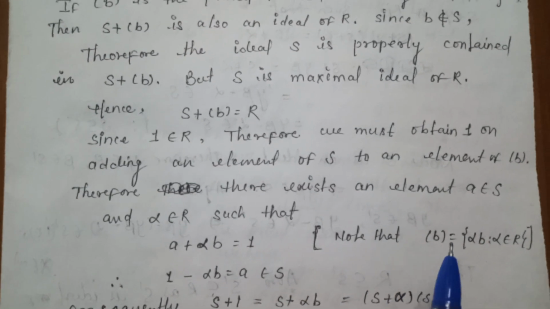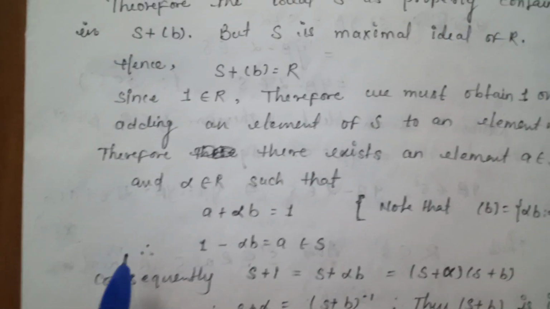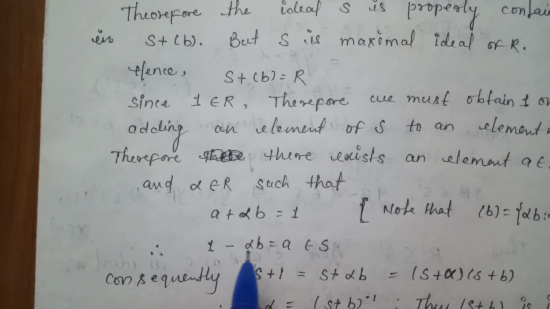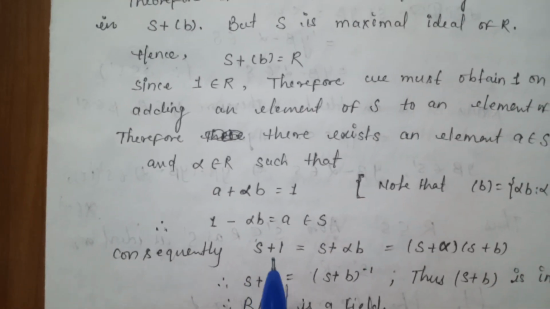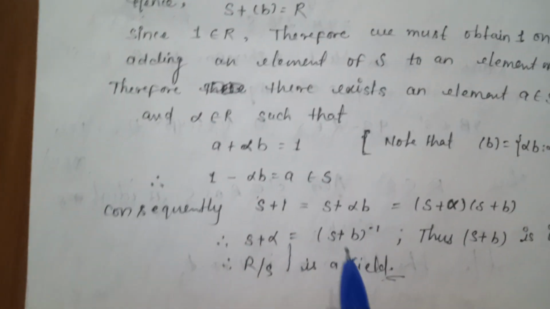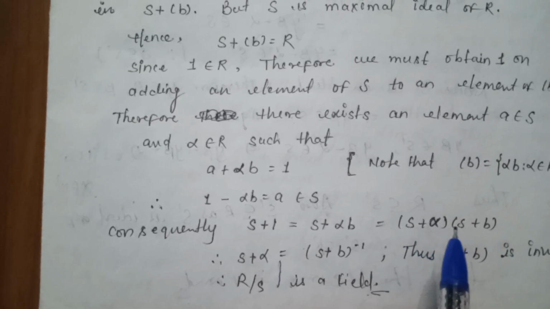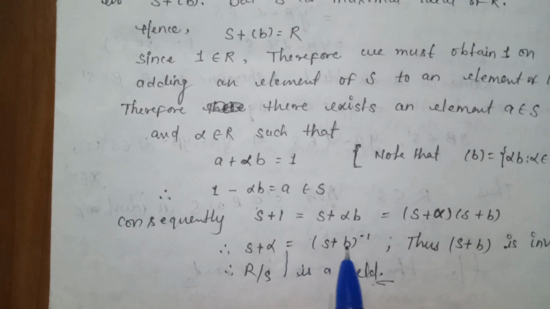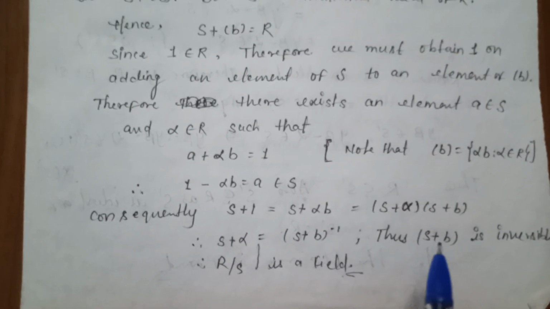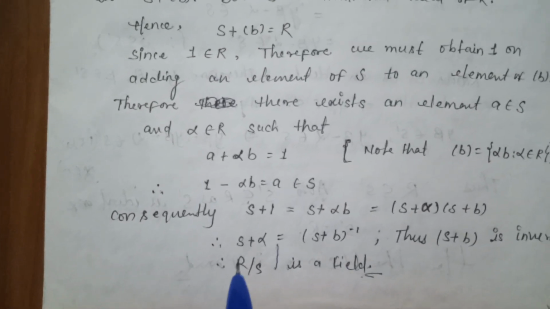Note that an element of B is of the form alpha b where alpha belongs to R. Since 1 - alpha b is equal to a, which belongs to S, consequently S + 1 is equal to S + alpha b, which is equal to (S + alpha)(S + b). Since S + alpha is the inverse of S + b, thus S + b is invertible. Hence R/S is a field.